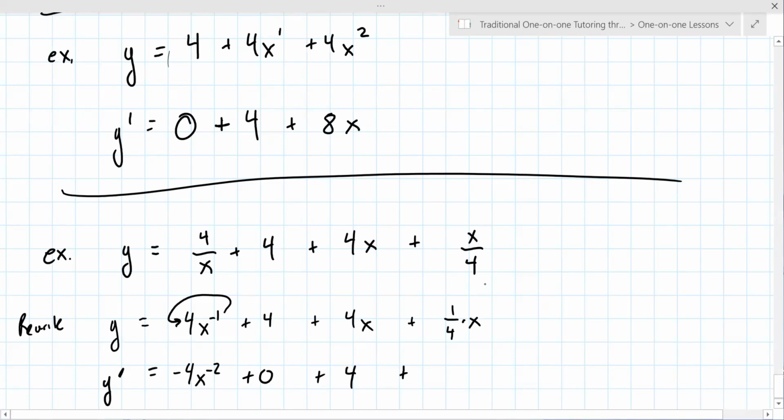Wait, how did you go from x over 4 to 1 over 4 times x? There's really a 1 here. So you can write it that way, and these are the same rule. It's just a number in front. It's just 1/4. Very good.